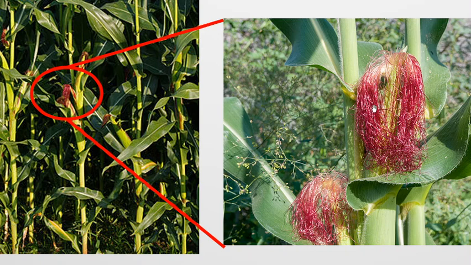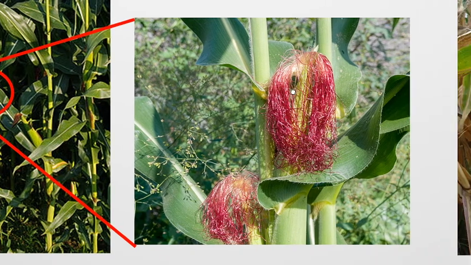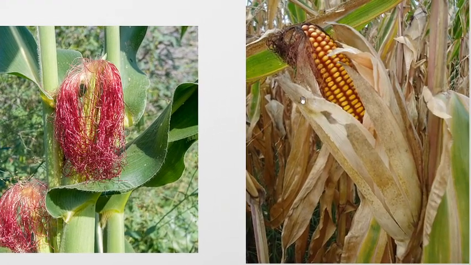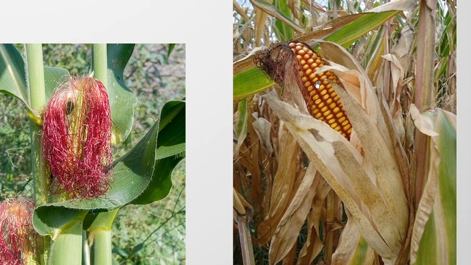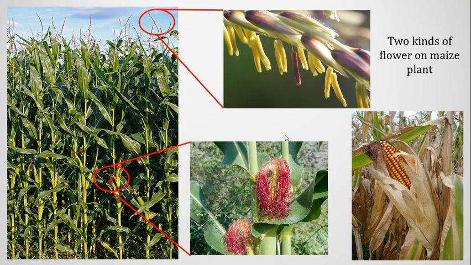You see the pink colored hair-like projections that are actually stigmas of this female flower, and when pollen grains fall on the stigma, eventually it travels through the stigma and the style, and then reaches the ovary, and then produces a matured corn or maize after fertilization.